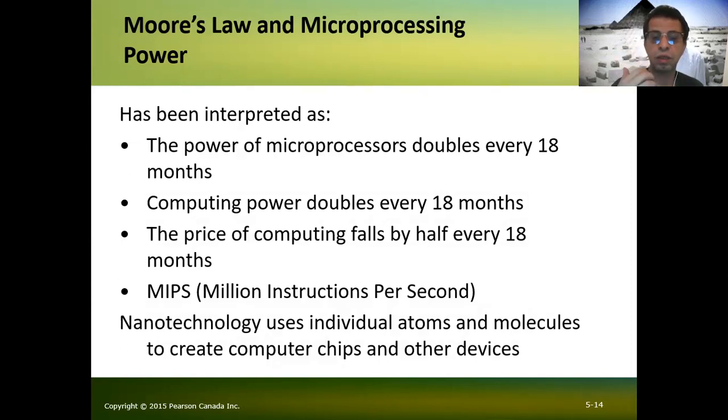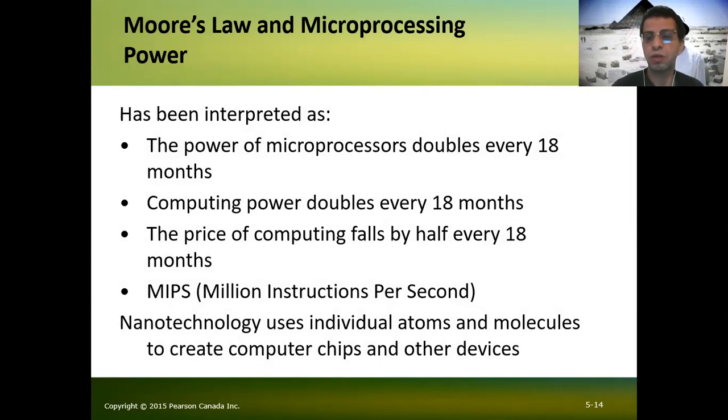That's what makes it so easy: as processors get quicker, the storage gets bigger, and more programming comes into the market. And these days they talk about MIPS, which is million instructions per second.